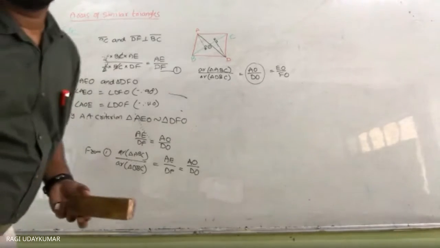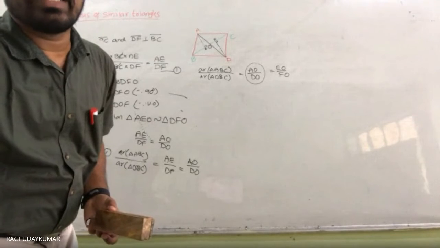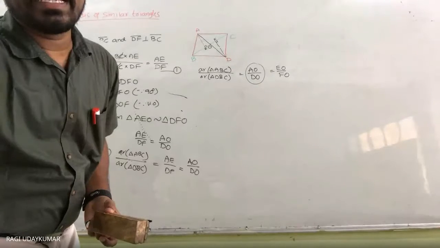Now the fourth question, you see here. Next question: if the areas of two similar triangles are equal, then prove that they are congruent. So this is the question. What is given here? Areas are equal.